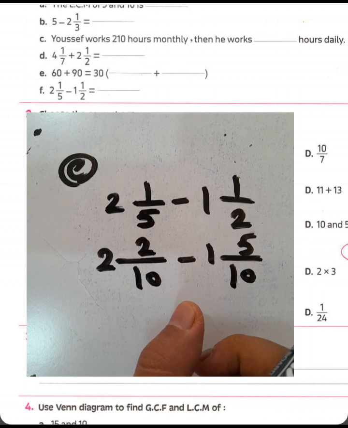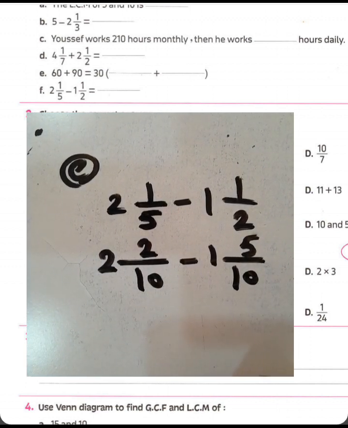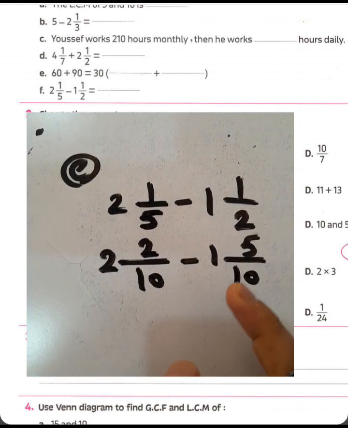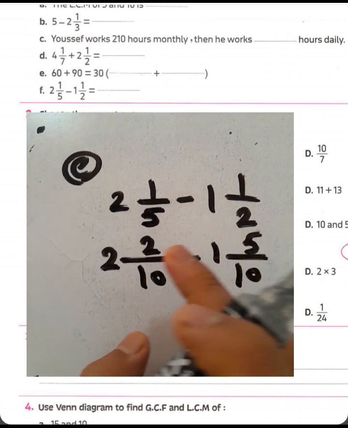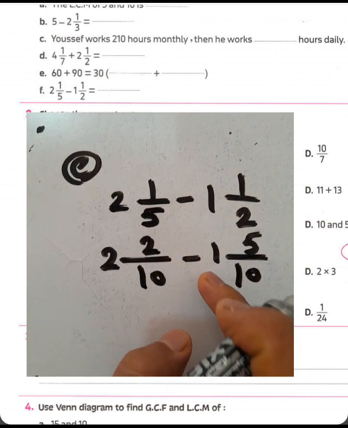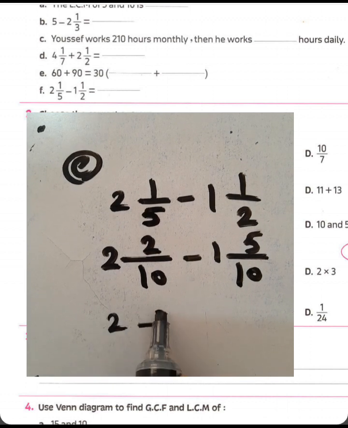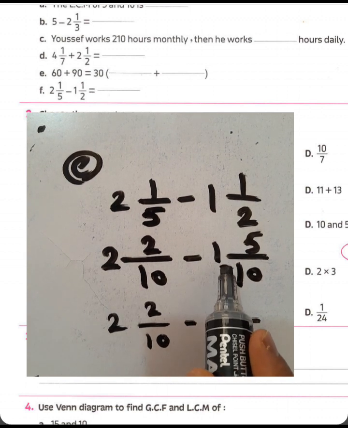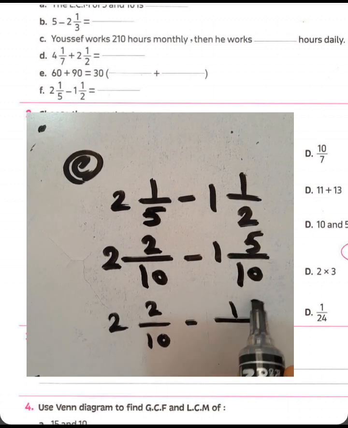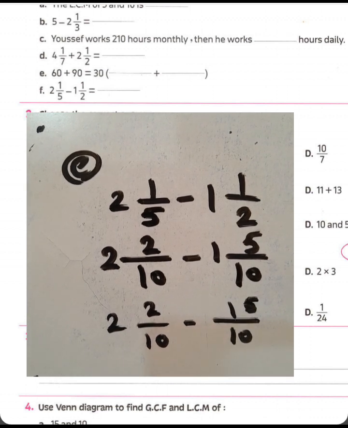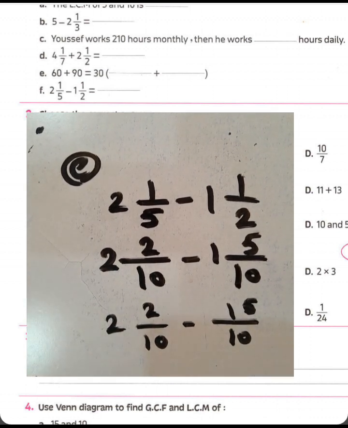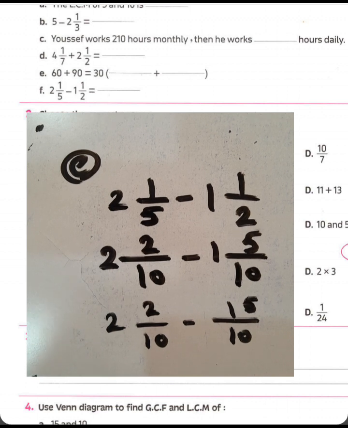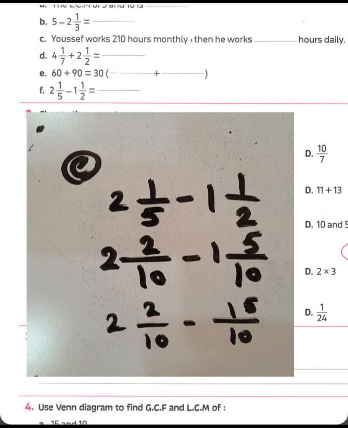We can't find the difference between 2 and 5 because 5 is greater than 2. So we must borrow 1 from the 2 here, right? 2 and 2 over 10. And then borrow 1. 1 equals 10 over 10. 10 over 10 plus 5 over 10 equals 15 over 10. Okay.